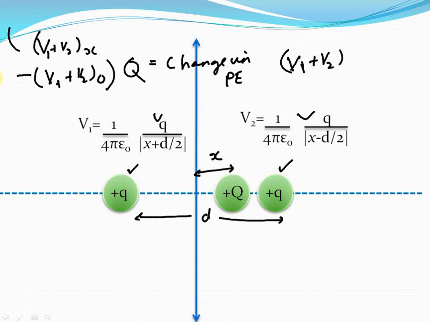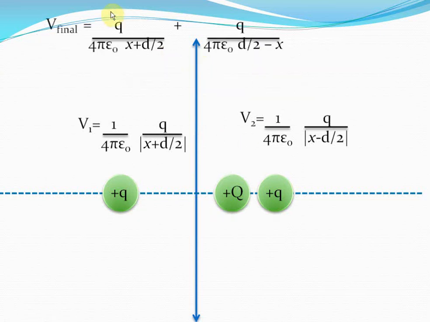The potential of the two charge system at a point that's a distance x from the origin will be this expression. All that I've done is substituted x in the formula v1 plus v2. In this case, when the plus capital Q charge is to the right of the origin, then mod x minus d by 2 will assume the value d by 2 minus x, because x will be small and this distance d by 2 will be large.